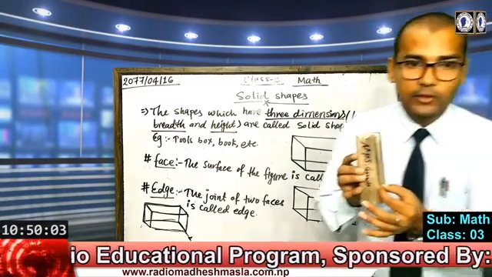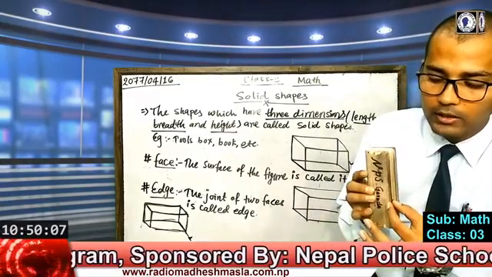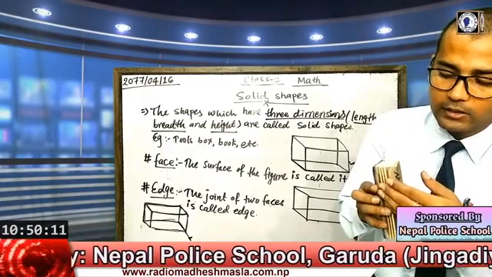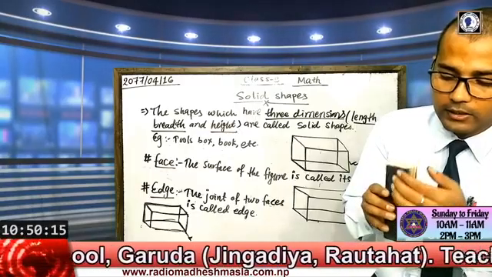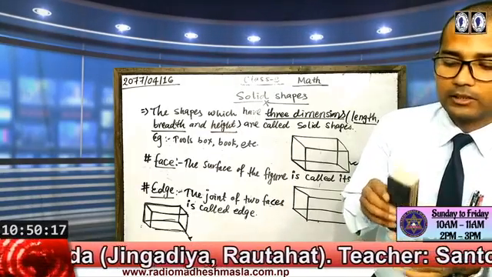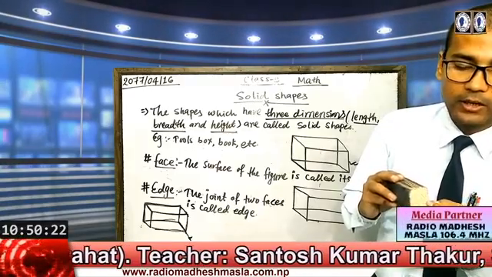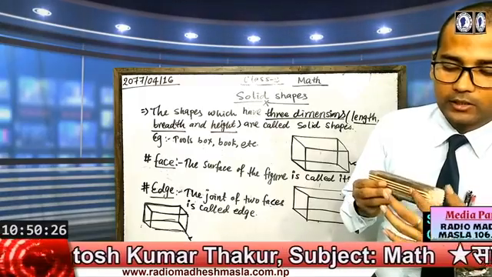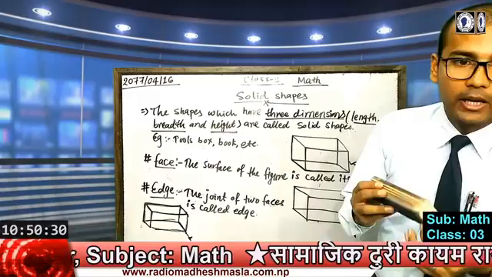Look carefully: in the same way this surface and this surface form another edge here. This surface and this surface form this edge. Same way this surface and this surface form here. Same way this and this form here. Same way this one and this one form here.